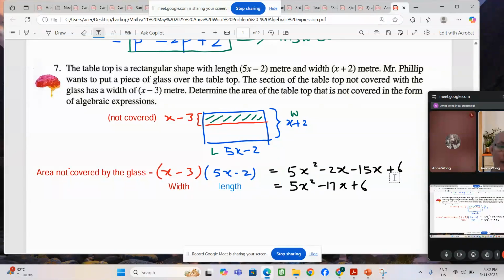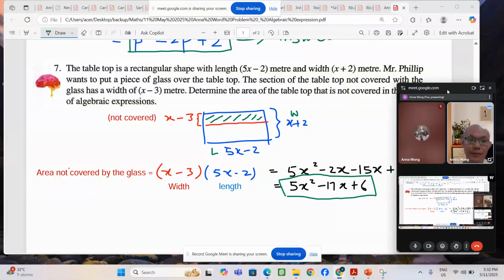Then the middle terms, the x terms: negative 2 minus 15 is negative 17, so it's negative 17x. So the final answer is 5x squared minus 17x plus 6, in the form of x.